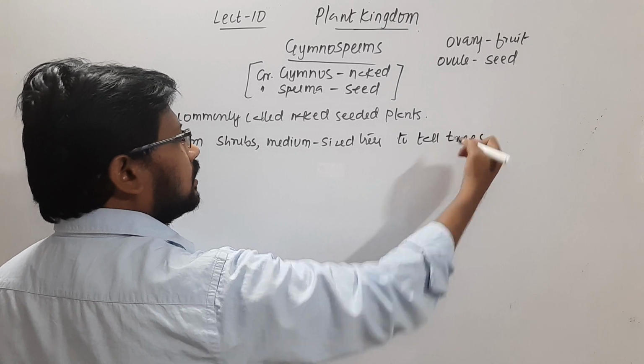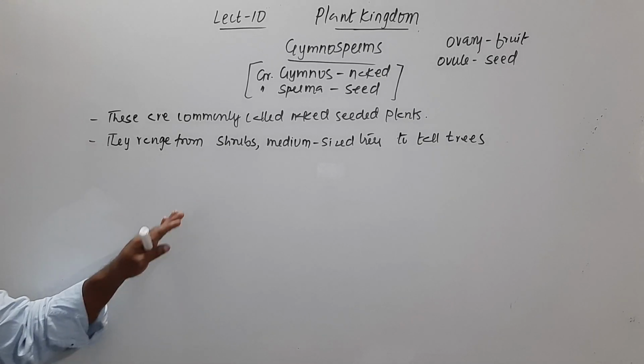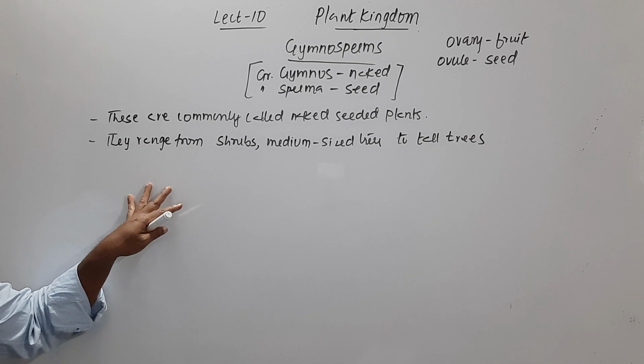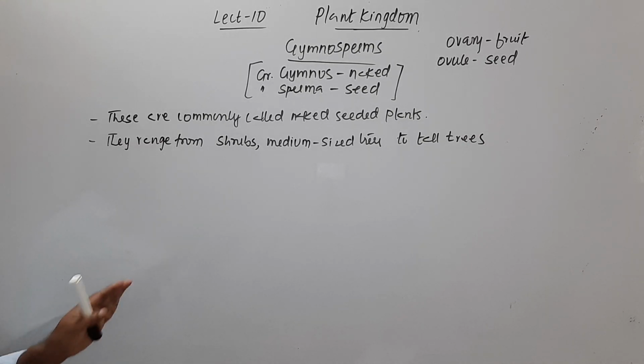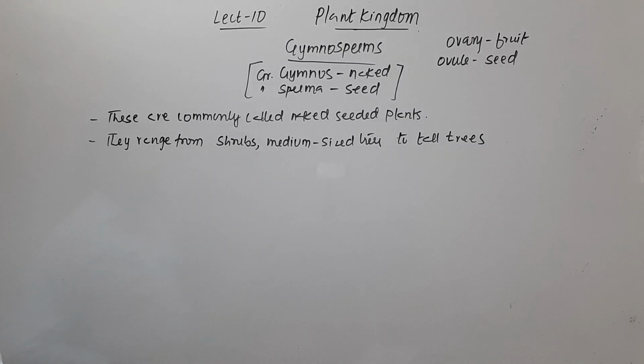There are no herbs, so herbs we don't see in the case of gymnosperms. I will again repeat. So there are shrubs, then medium sized trees, and tall trees are present in this group.